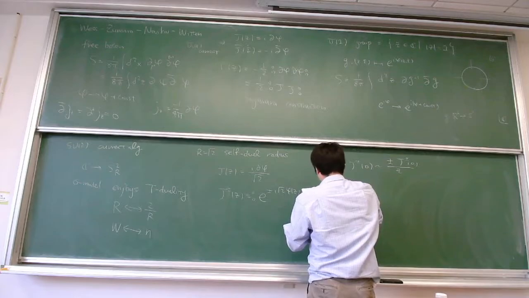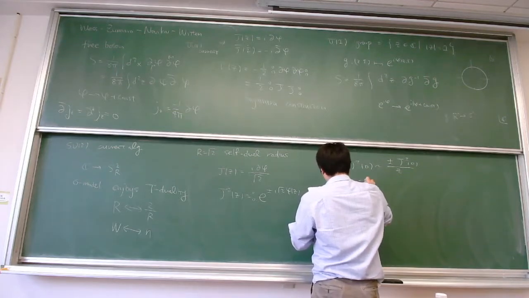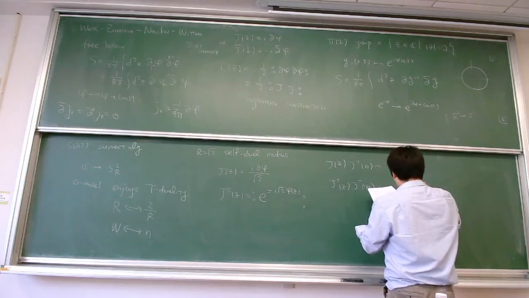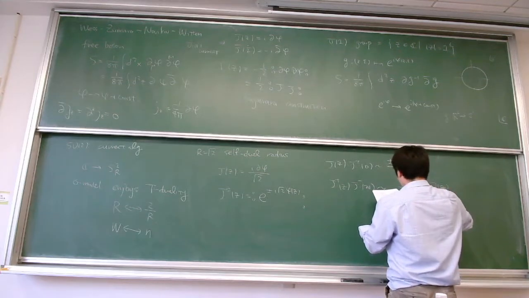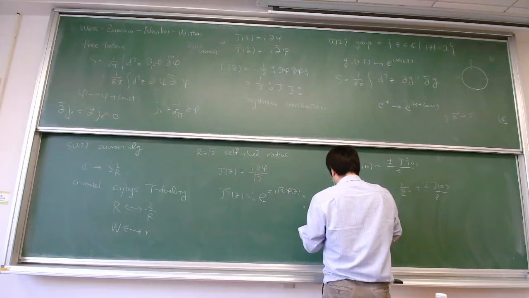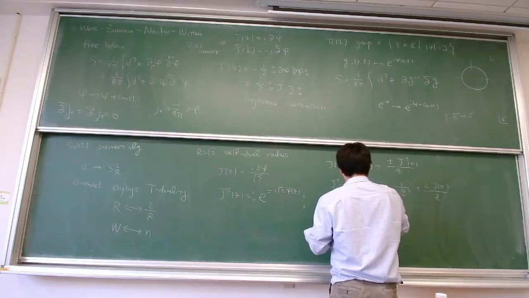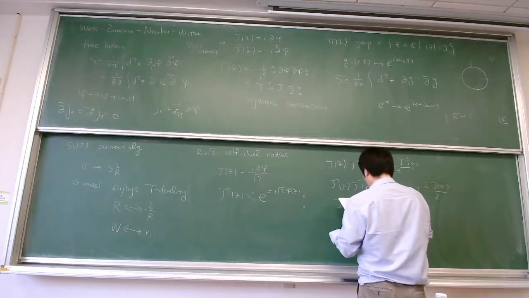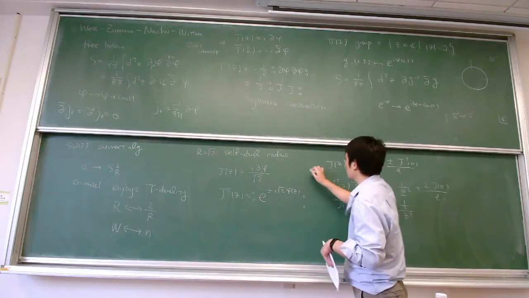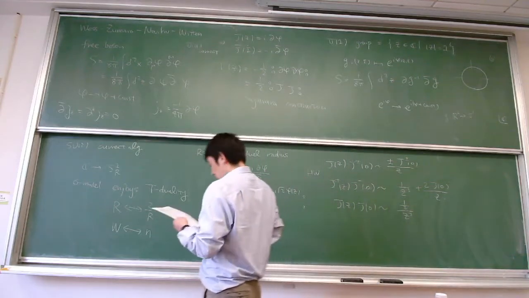Indeed, this is the exercise for next week. 1 over z squared plus 2j(0) over z, and then j(z) j(0) is indeed 1/2. You have to show this.